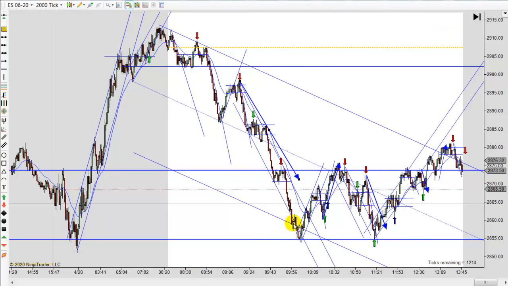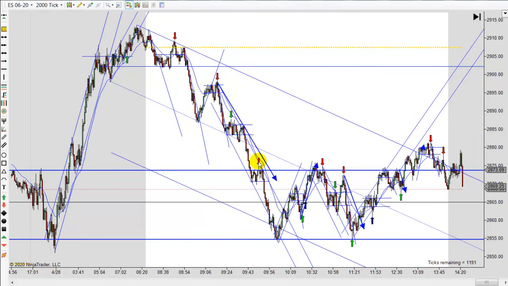Your first target coming down here was probably your close from yesterday, which is that red line. You can see we closed there yesterday. The second target would be the lows, and that's exactly where we went. We made a perfect measured move, corrected for a little while, and then fell on down. It just wasn't done yet, but you can see people taking profits at the measured move.